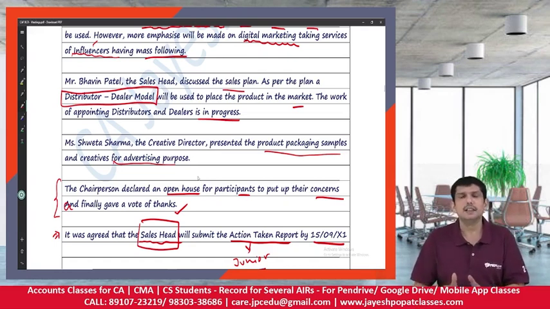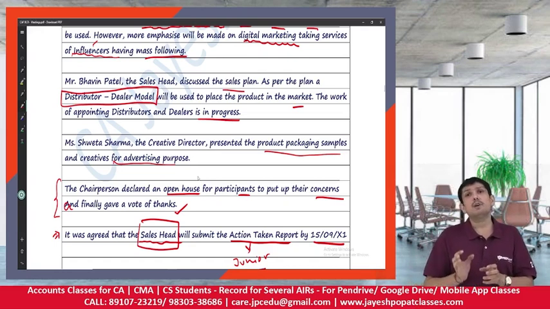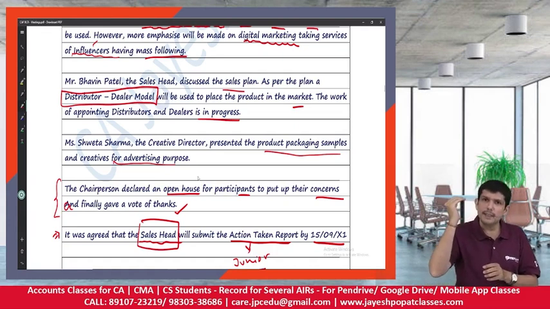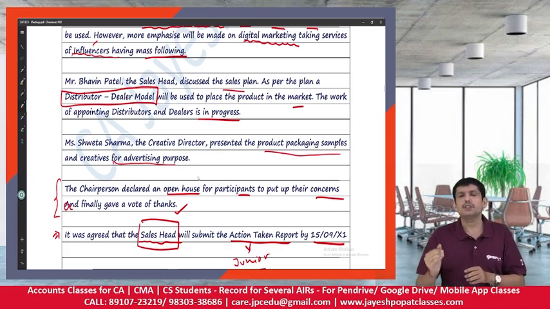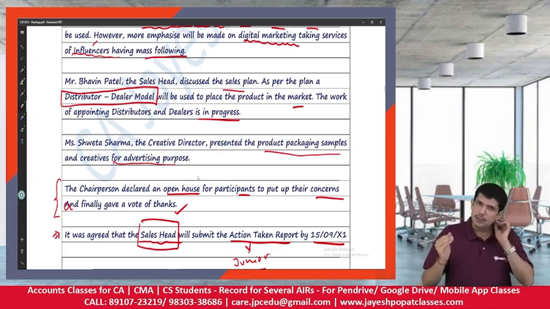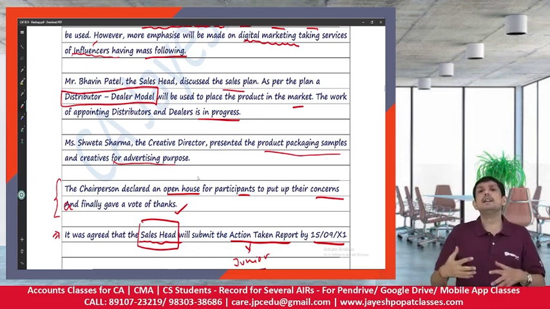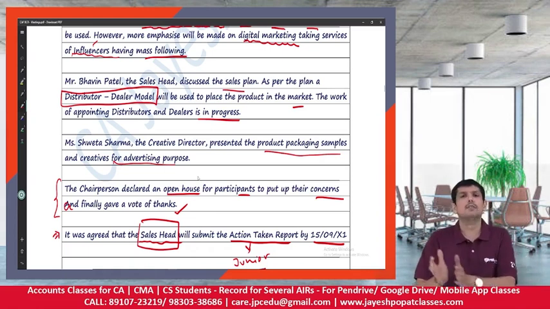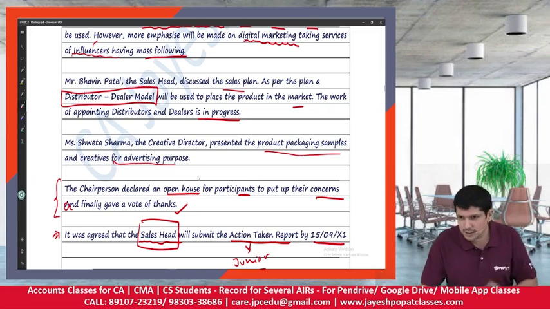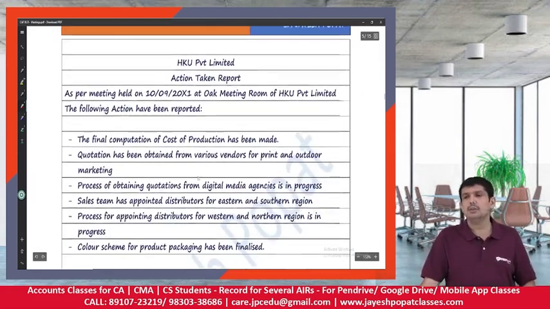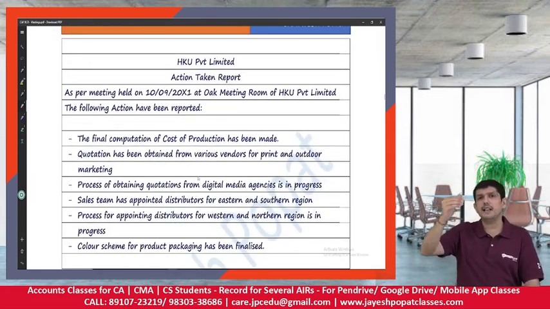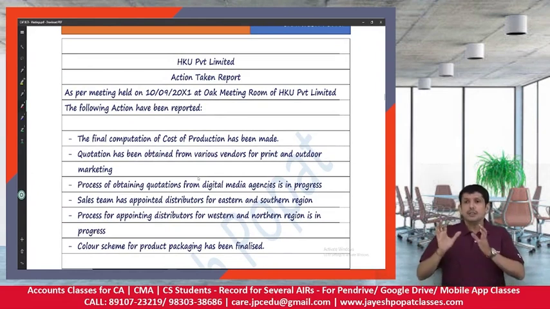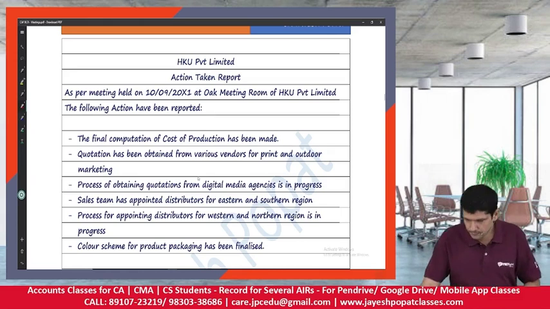Then in that case, you need to visualize what discussion should have taken place in the meeting, and based on that, what action should have emanated, so what action was required to be done. Since we are running in correlation, we have done the agenda, we have done the minutes of the meeting, so drafting this ATR becomes very easy for us.